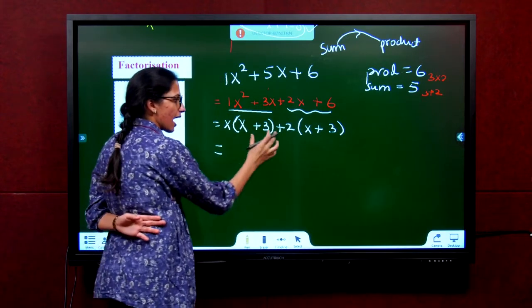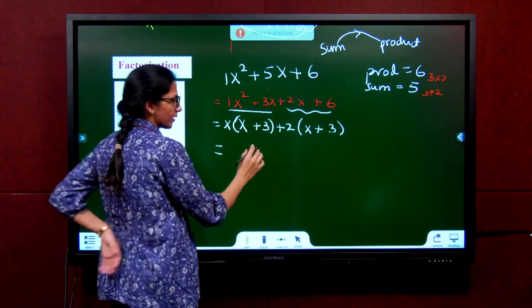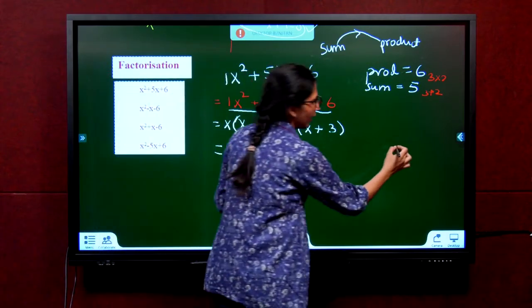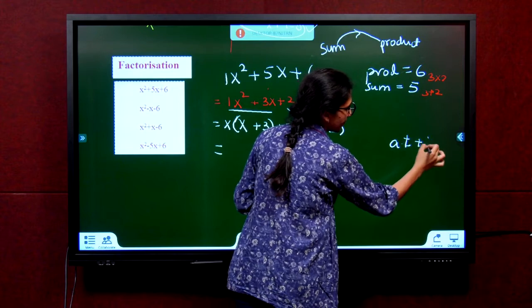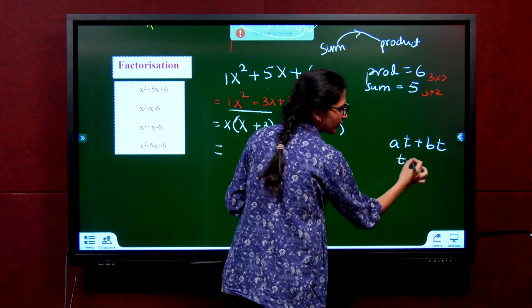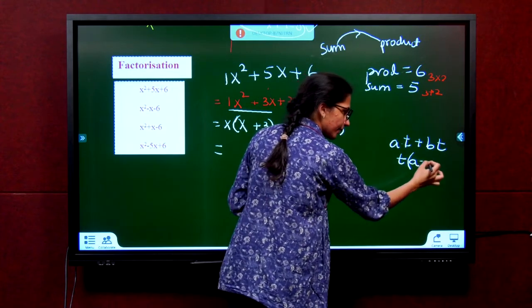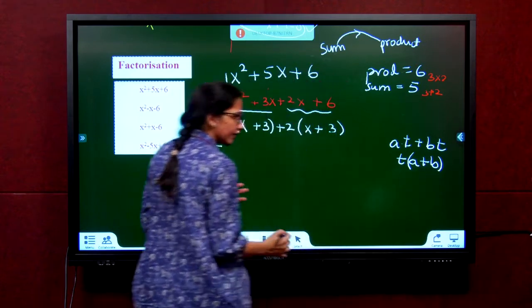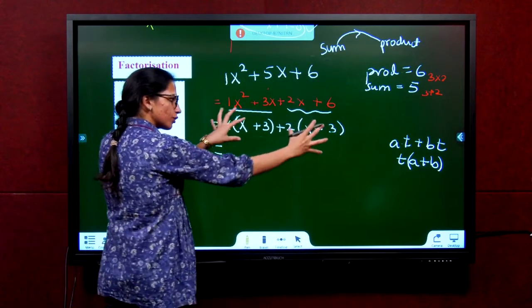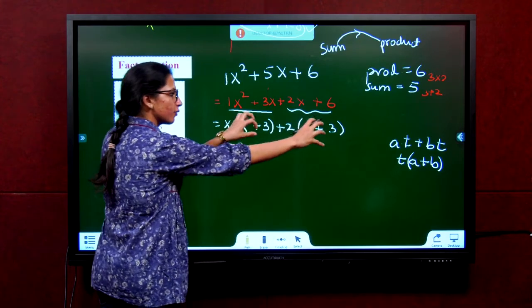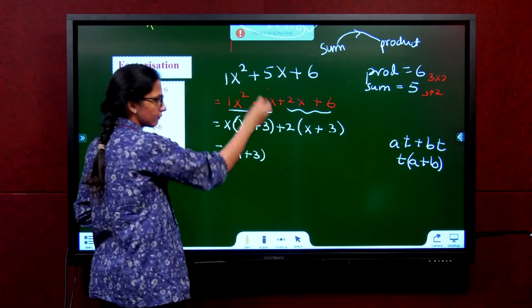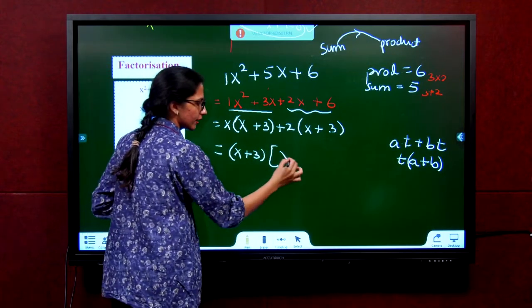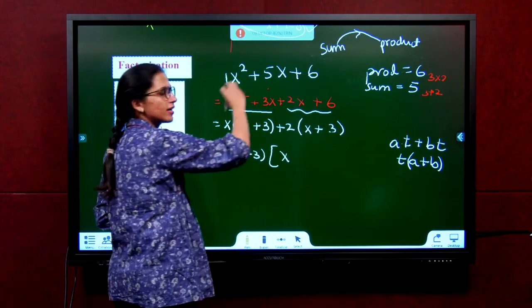Now, I will take out this common. See carefully. If I have a into t and b into t, can I take t common? Yes, you will get a plus b. So now see carefully, see here. These are two terms. From this, I am going to remove x plus 3. Who is left? x. I have removed x plus 3.